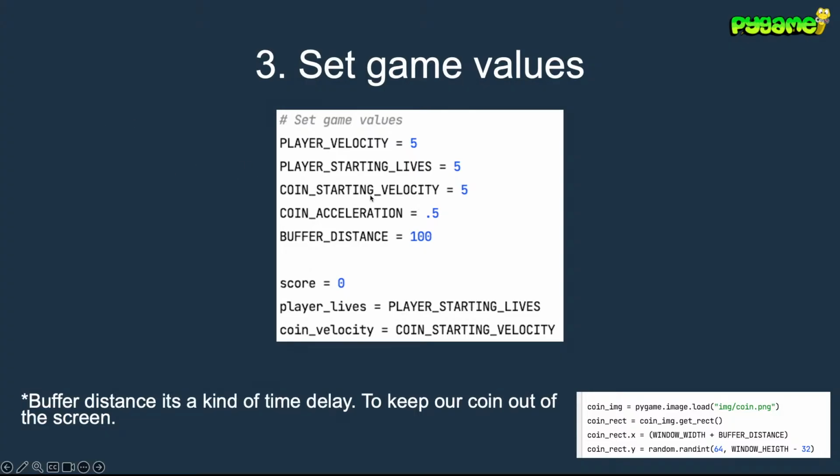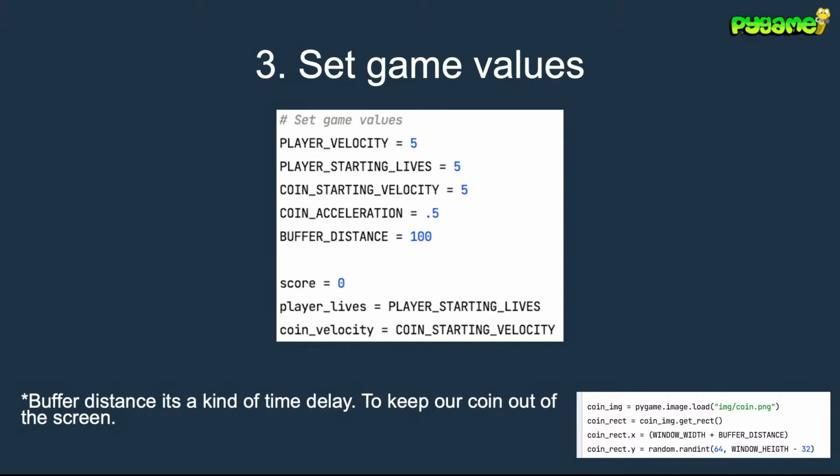Also, we need to define the coin starting velocity. That is the speed of our coin, how fast our coin is moving from one point to another point, and the coin acceleration. So what I have to do is to accelerate our coin every time I touch the dragon and the coin. And the buffer distance, I'll maybe show you what that means.